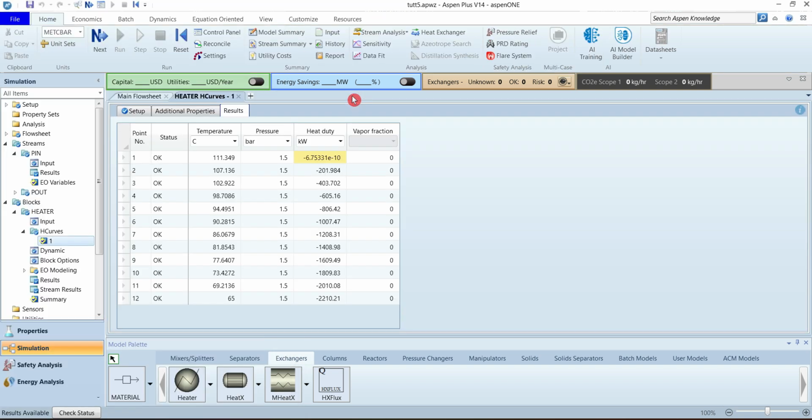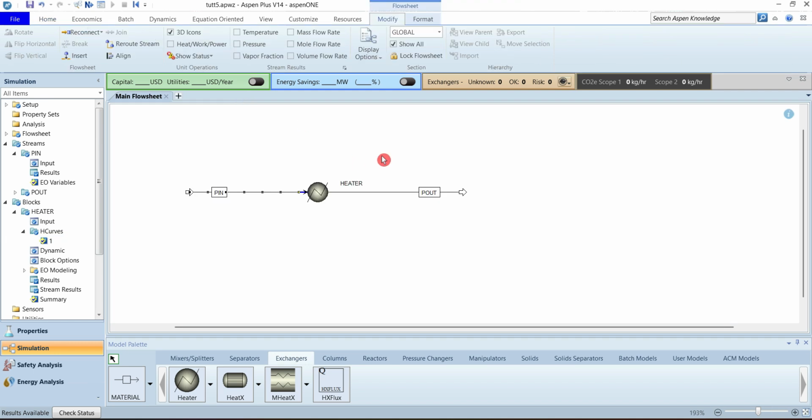For that simulation, we already have, this is not a heater, this is a cooler. Let's make a correction, because we are cooling down the process stream. It's a cooler. Of course, it doesn't make a difference, but we should be clear with the tags. So cooling water should be used for this service.